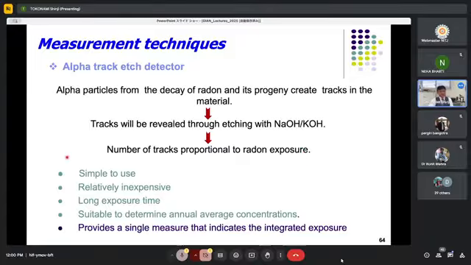This technique is simple to use, relatively inexpensive. Long exposure time is necessary. It is suitable for determining annual average concentrations. This track detector provides a single measure that indicates the integrated exposure.